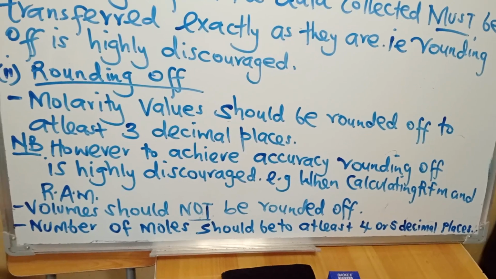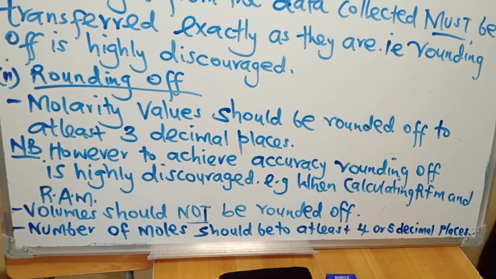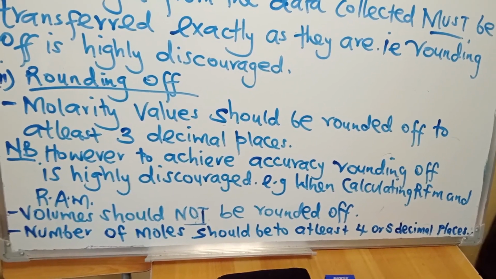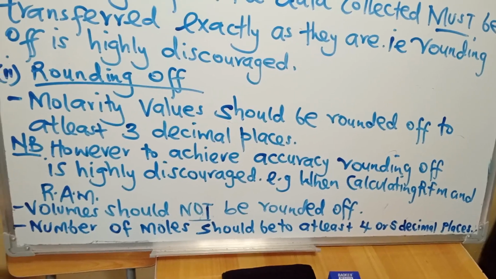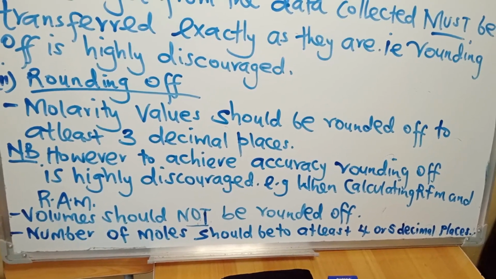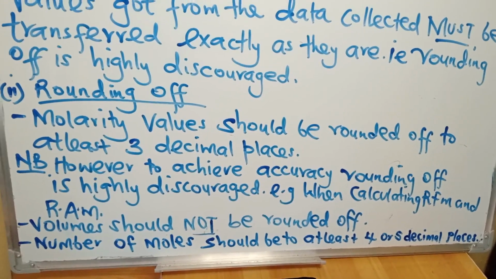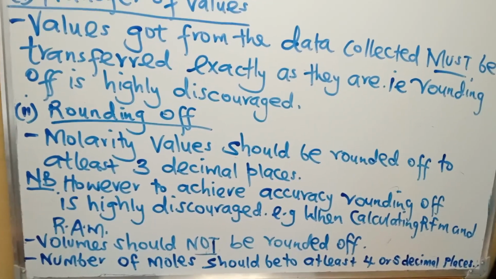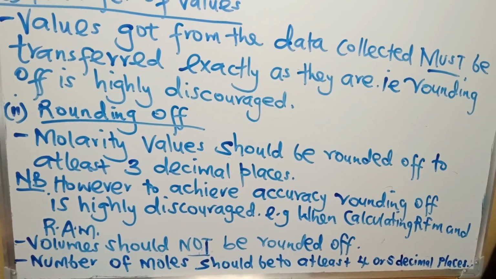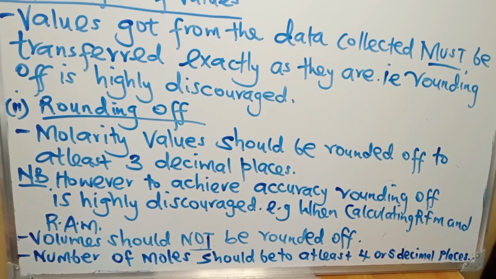And again, from experience, even though you have been allowed at least 4 or 5 decimal places, I would advise you, please avoid rounding off as much as you can. Transfer the values as they are. That way, you'll be sure that the answer that you'll get at the end of it all will be the most accurate answer.